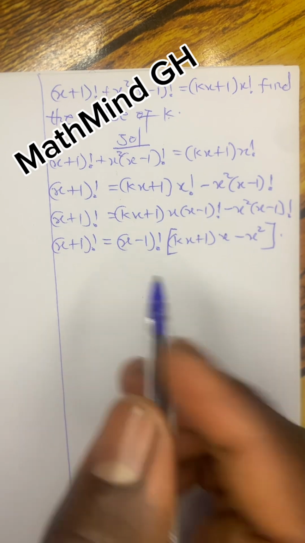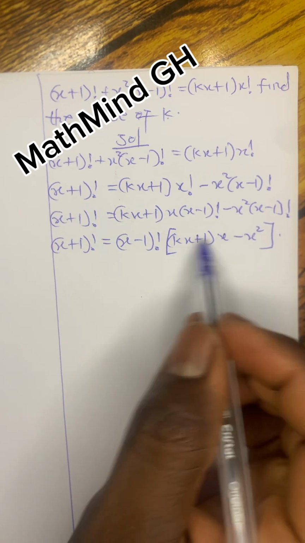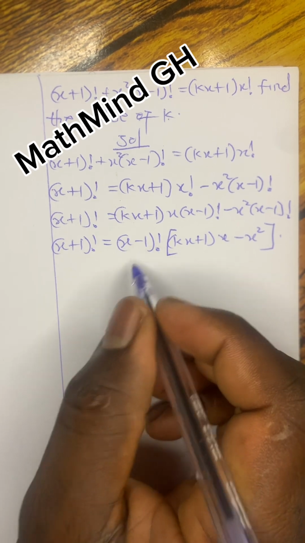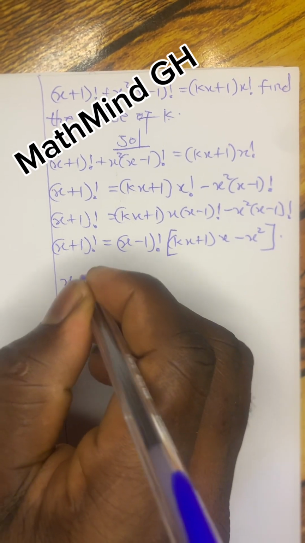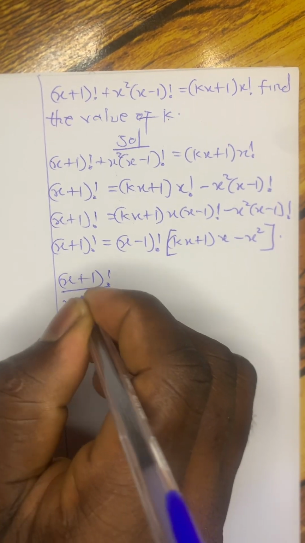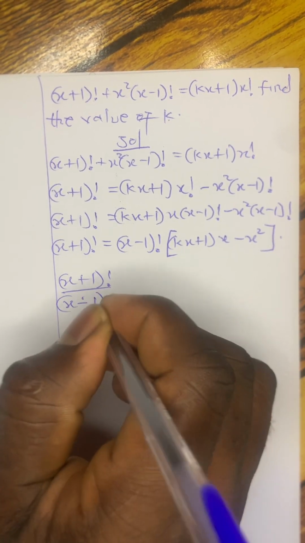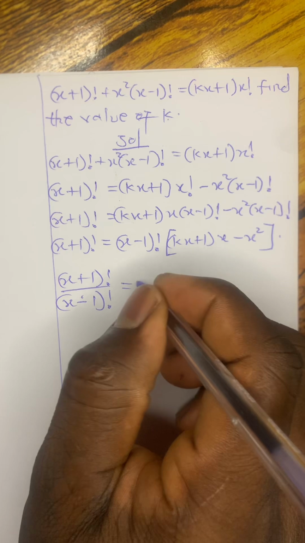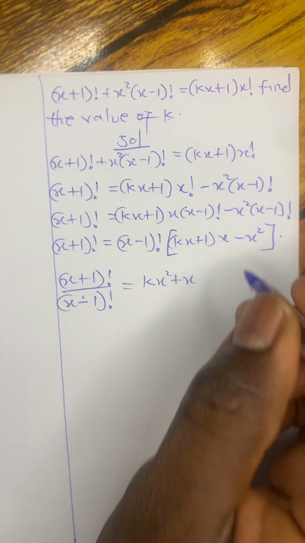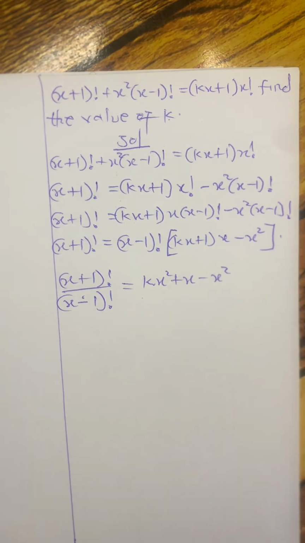At this particular point, I can simplify what is inside this bracket, then divide through by (x−1)!, and that will give me (x+1)!/(x−1)! equal to kx² plus x minus x².